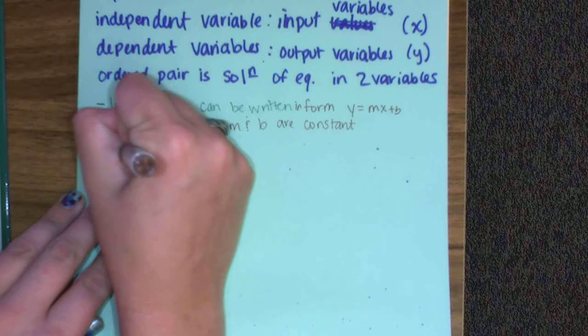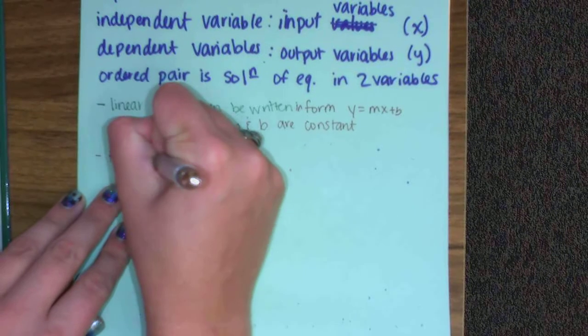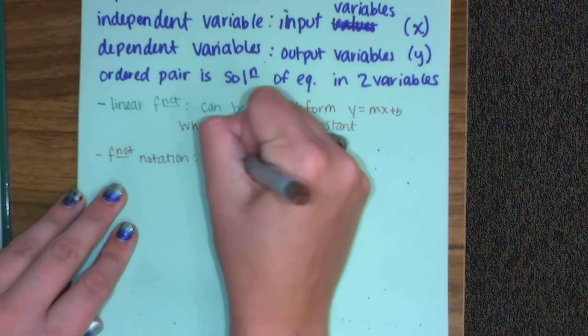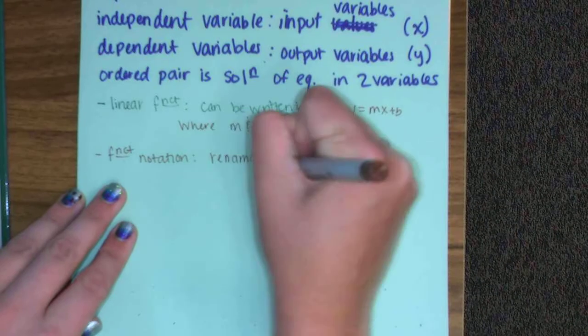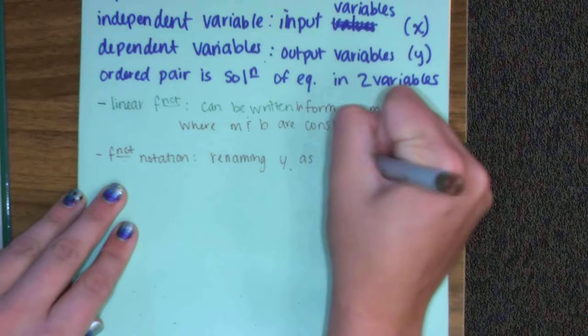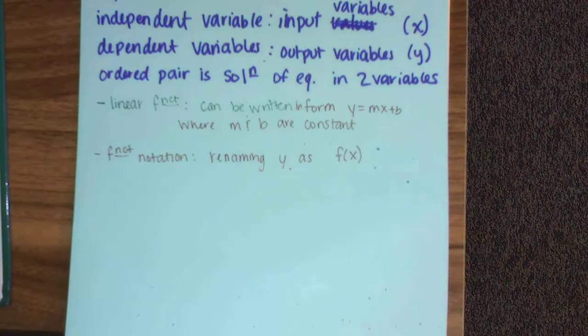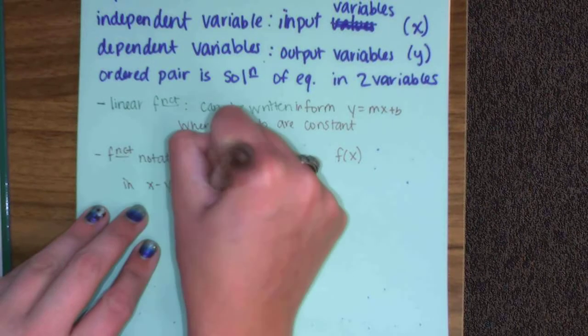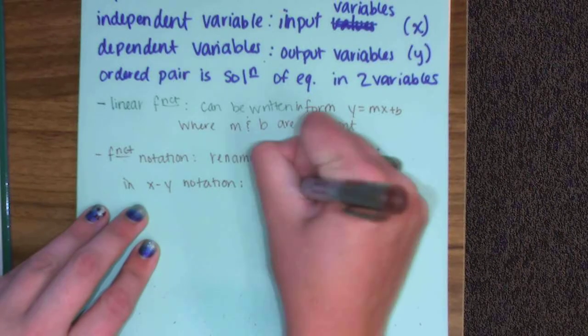Function notation is the last definition here. Renaming y as f of x. Okay, so y and f of x are the same thing. Okay, so in xy notation, we have y is equal to mx plus b.